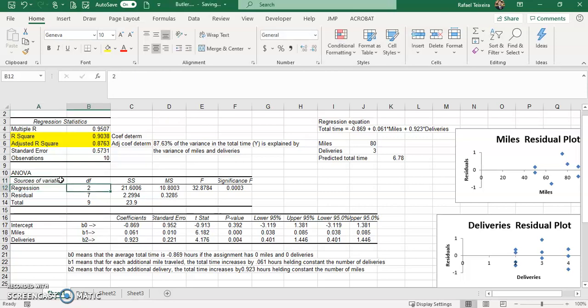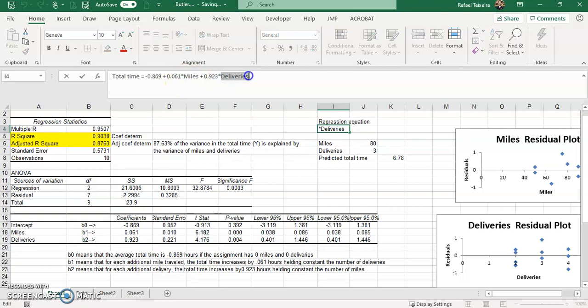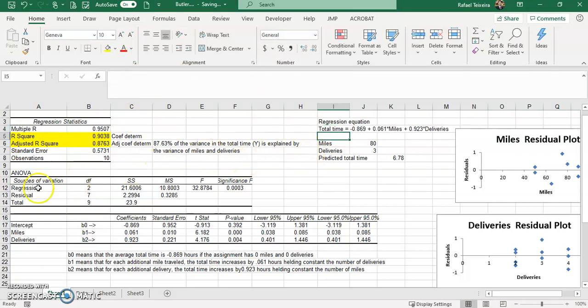We have a source of variation that comes from the regression. What regression? This regression equation here. The regression equation of considering total time as a dependent variable of how miles and deliveries vary. So this is our source of regression. So these sum of squares are coming from the fit of total time as a function of miles and deliveries.